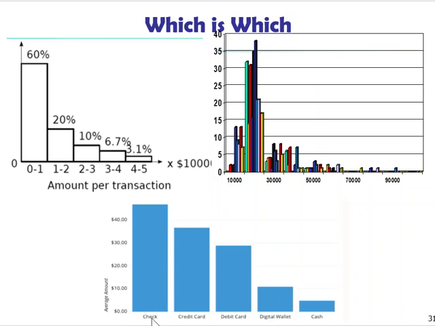And the x-axis is not a continuous variable. In this case, we have a nominal variable. So the values are check, credit cards, debit cards, digital wallet, and cash.